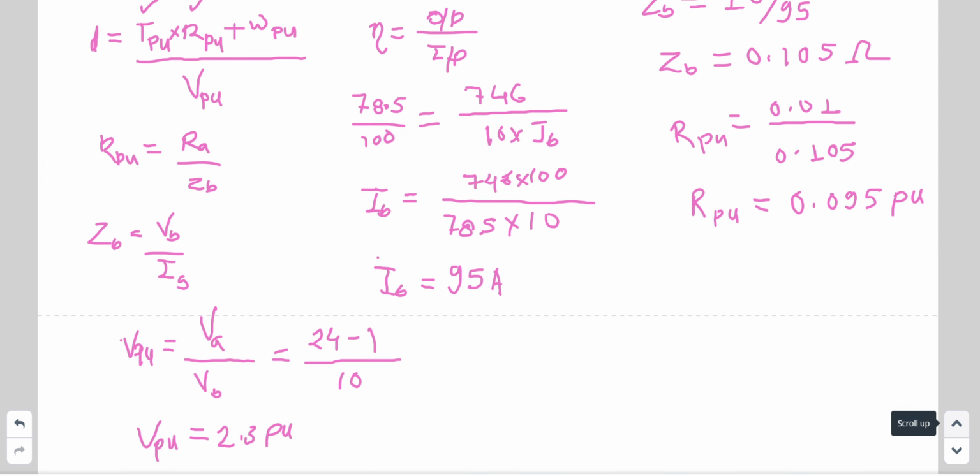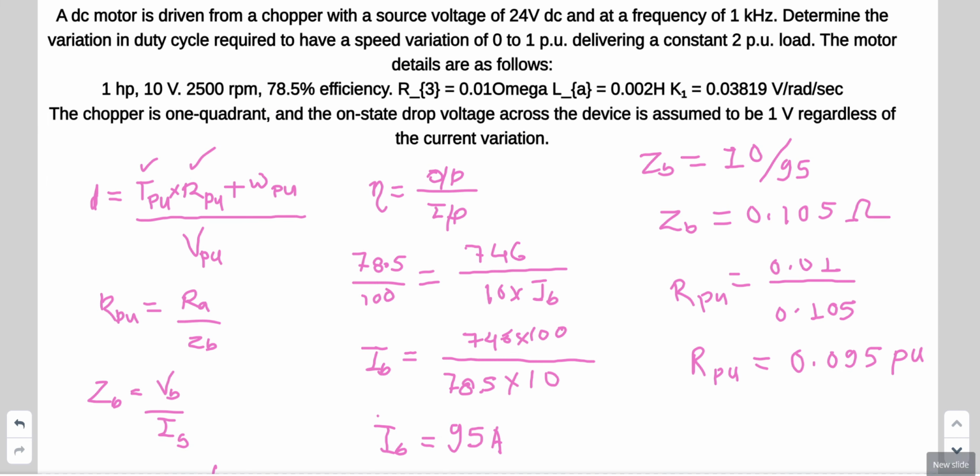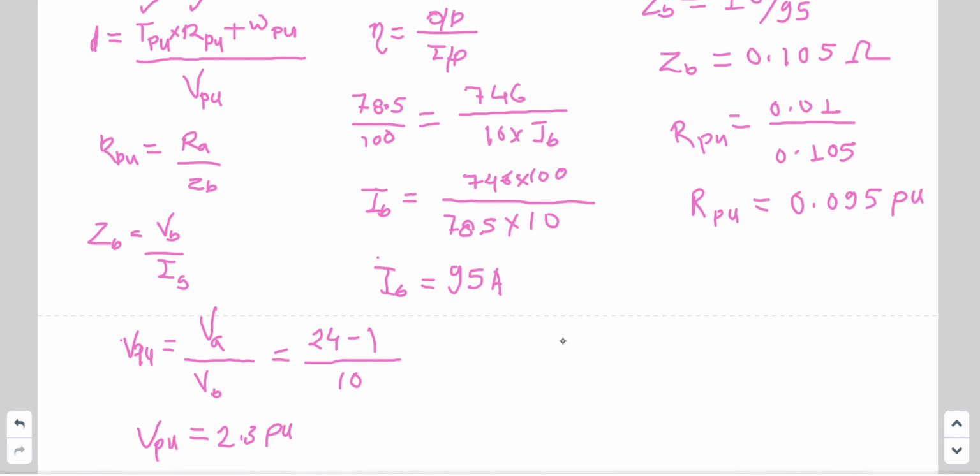Now we have calculated all our values, so we can calculate the variation in D. What will be D minimum?